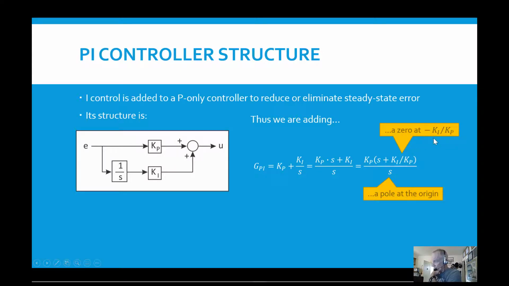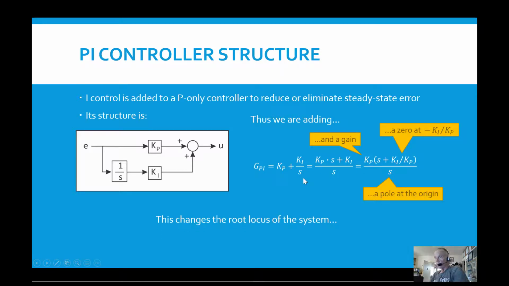If I put that value in here, it will make this whole thing in parentheses 0, and that's called a 0 when it's in the numerator. And the third thing we've added is a gain in front of all that. So by adding a PI controller to a system, we're adding three components really: a pole at the origin, a 0 at this particular location, and then a gain.